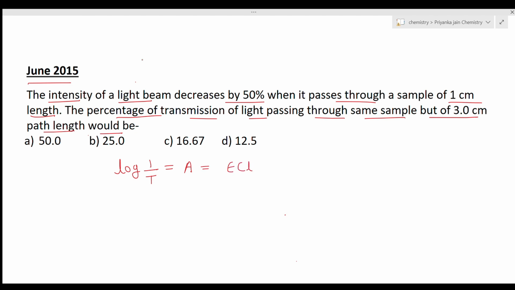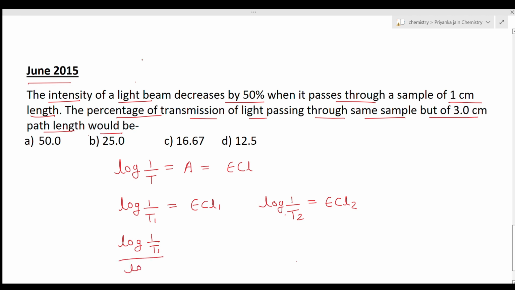Okay. So from this we can find out our values. Log 1 upon T1 will be equal to epsilon Cl1 and log 1 upon T2 will be equal to epsilon Cl2. Okay. Now you can divide equation 1 by equation 2. So we are getting log 1 upon T1 upon log 1 upon T2 is equal to epsilon Cl1 upon epsilon Cl2.